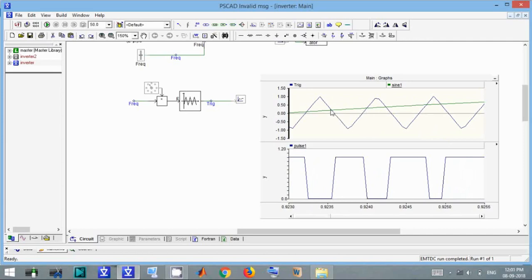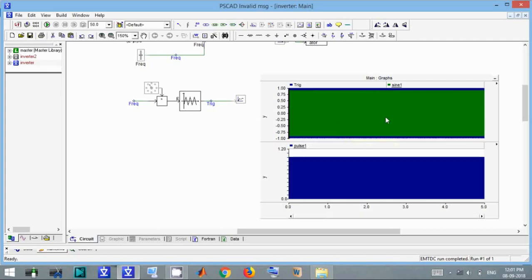This is the reference, if we make it bold. Our reference waveform is just less than the carrier waveform, so we get a pulse for the gate signal.